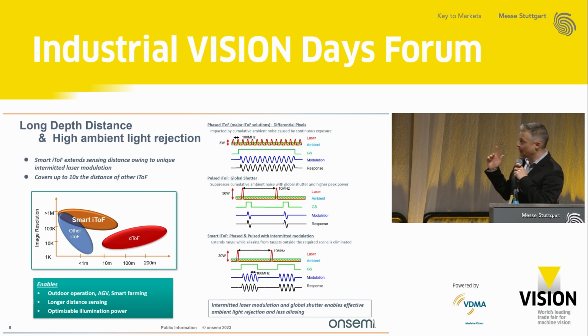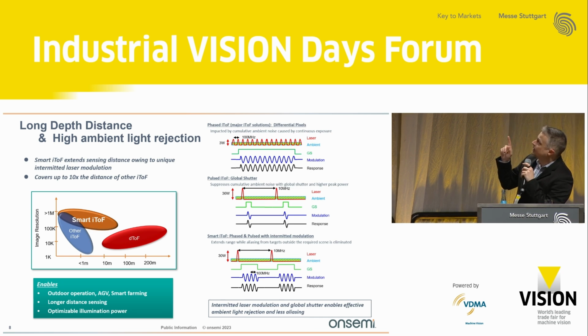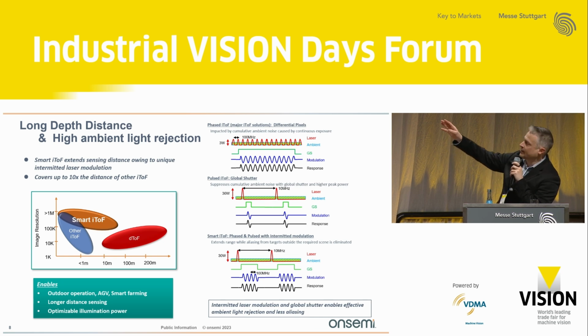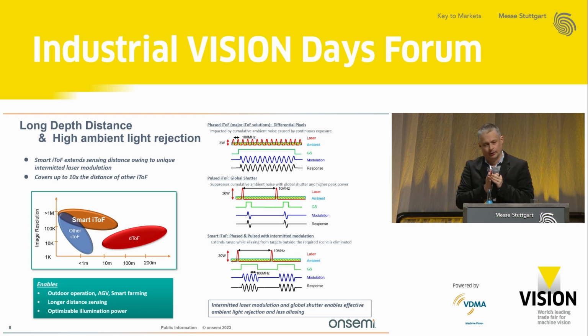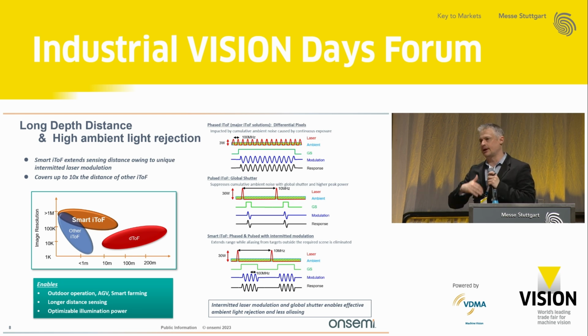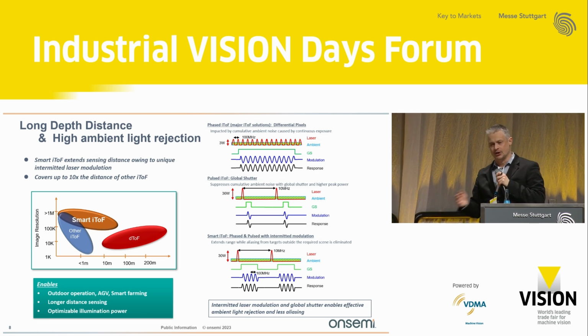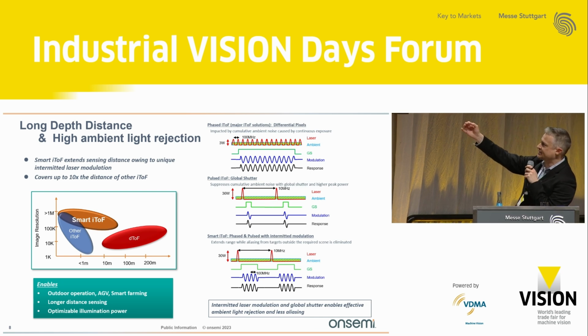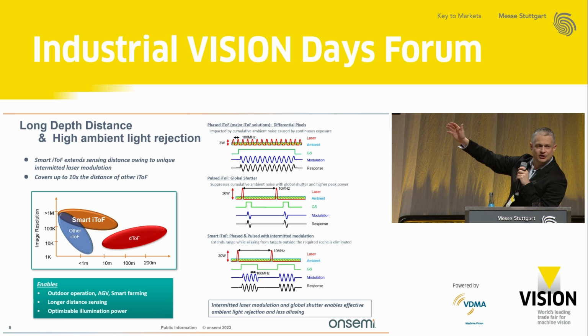Now, the best of both worlds would be to do both here. If you have a global shutter sensor, you send out a very short burst of light, and that short burst really limits the amount of time that sunlight or ambient light can introduce noise in the NIR. The global shutter, as I mentioned, aligns to that VCSEL source, and you still have the modulation, which is done on the sensor. And therefore the response is provided.